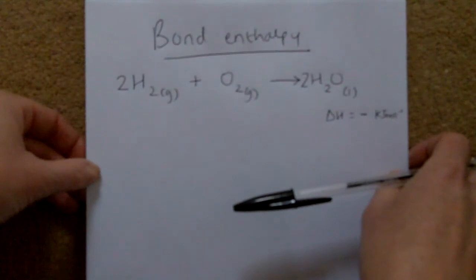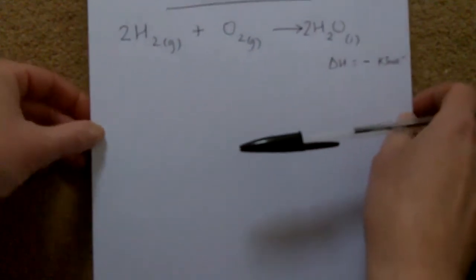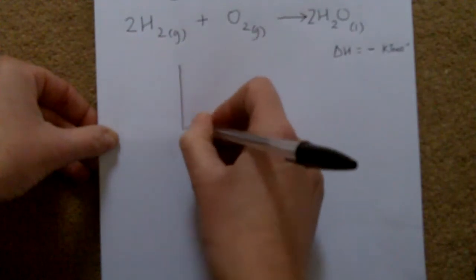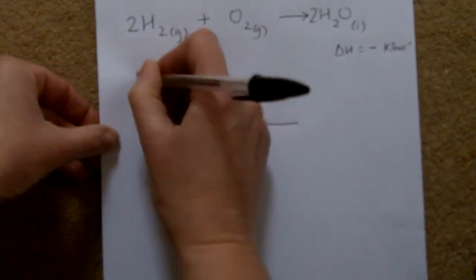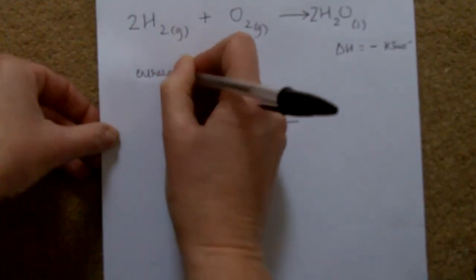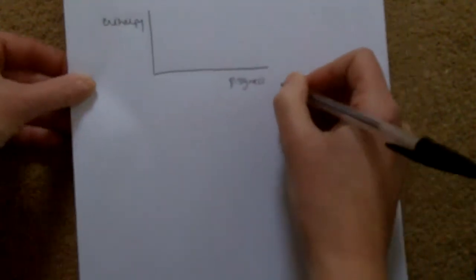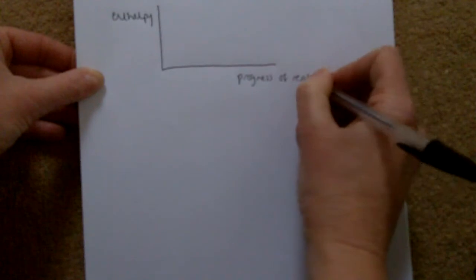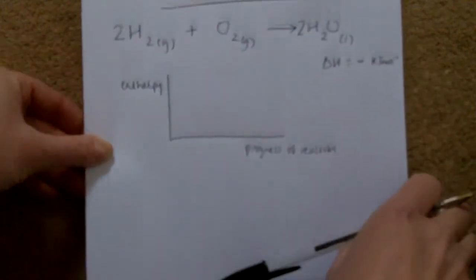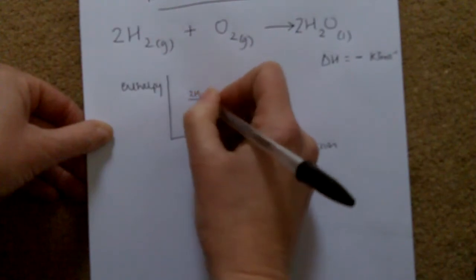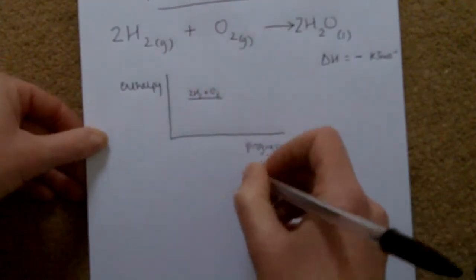Now if we were to draw the enthalpy profile diagram for this reaction, so enthalpy against progress of reaction. It's exothermic, so we put the reactants on the line, and then the products.